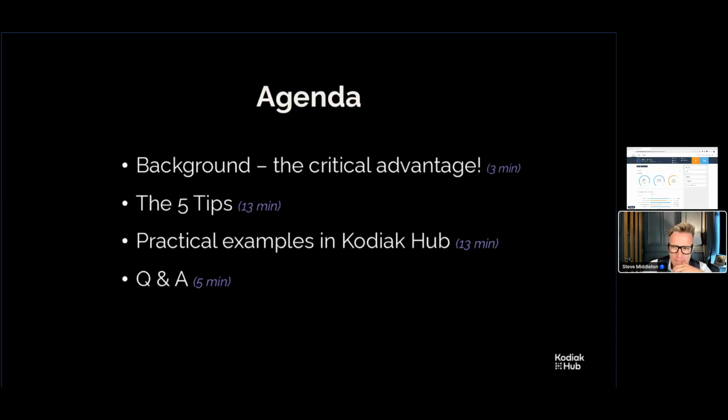In terms of the agenda, I'm going to start off with a little bit of background: why having smart scorecards gives you a critical advantage in this very competitive and complicated landscape. I'll then dive into the 5 tips of how to build powerful 360-degree view supplier scorecards, and I'll also show you a practical example of that within Kodiak Hub.